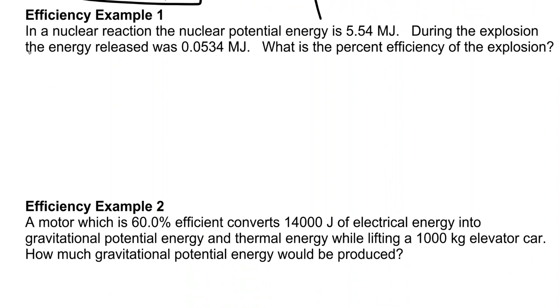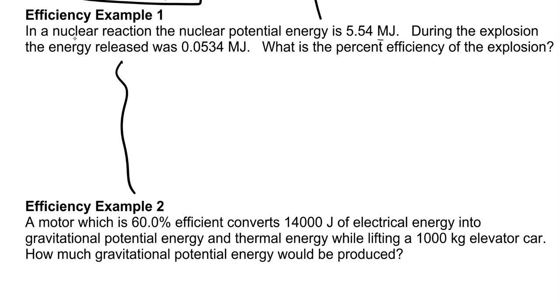Efficiency example number 1. In a nuclear reaction, a nuclear potential energy of 5.54 megajoules. This is megajoules. It just means million joules. That's all it means. During the explosion, the energy released was 0.0534 megajoules. What is the percent efficiency of the explosion? Okay, squiggly line.